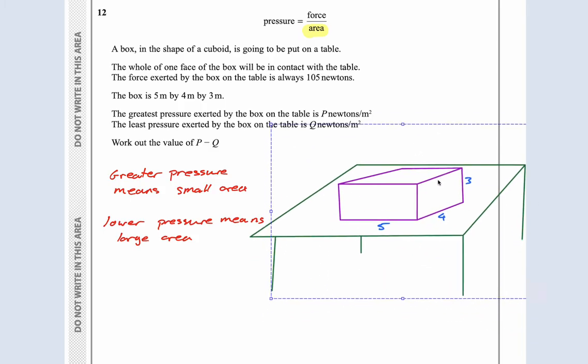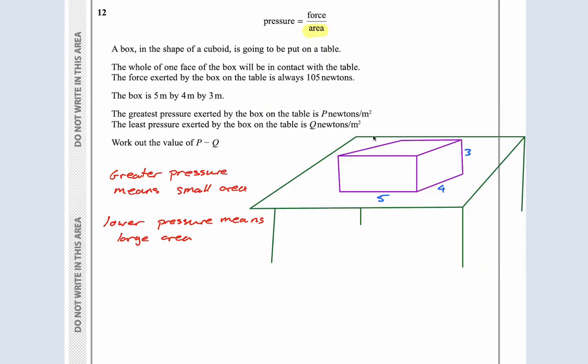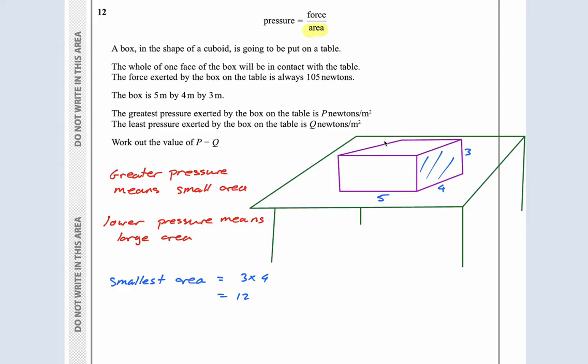Well, if you think about it, if I'm putting this box on the table, the small area, the smallest area is equal to 3 times 4, which is 12. Because if I put this on this side, imagine I just flipped the box upside down and put it down on this side, the area would be 12 centimeters squared.